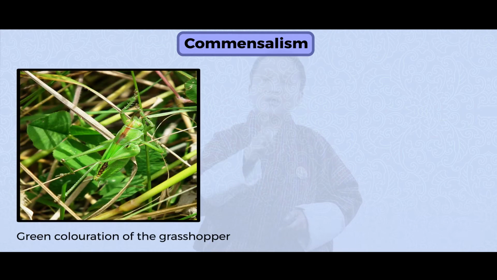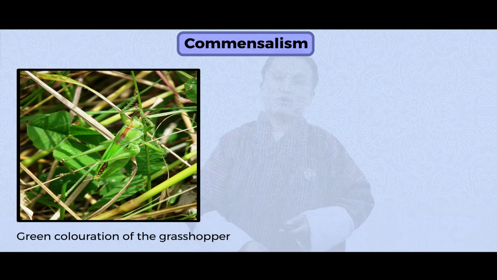Commensalism is a kind of relationship in which one party is benefited, the other one is neither helped nor harmed. One prominent example is the green coloration of the grasshopper, trying to camouflage by using the grasses. What advantage does the grasshopper get? It will be camouflaged, thereby the predators will not be able to see the grasshopper. While on the other side, the grass doesn't get any benefit from the grasshopper.